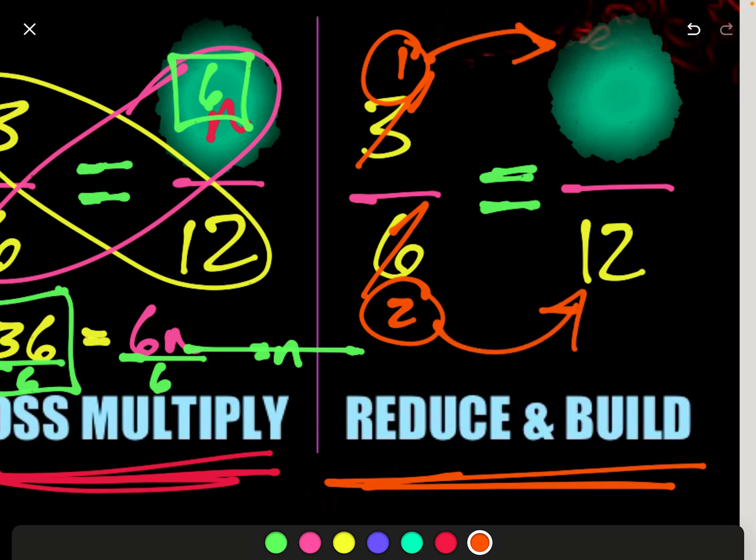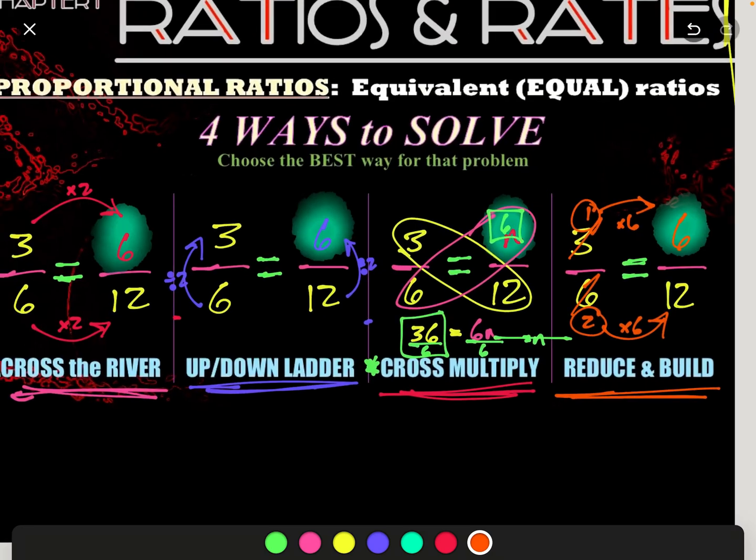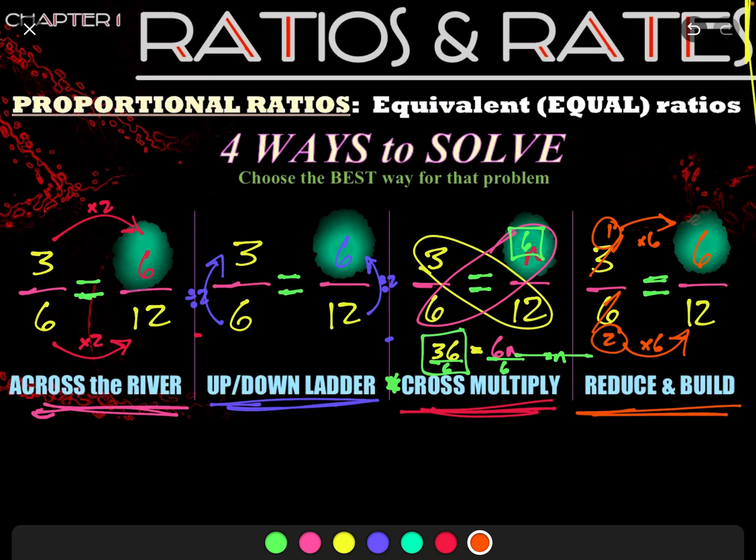Let's go build it back up. To get from 2 to 12, multiply by a factor of 6. Do the same thing to the top. 1 times 6 is indeed, ladies and gentlemen, 6. So four different strategies solve the exact same problem and get the exact same answer. And again, use whatever is easiest for you.